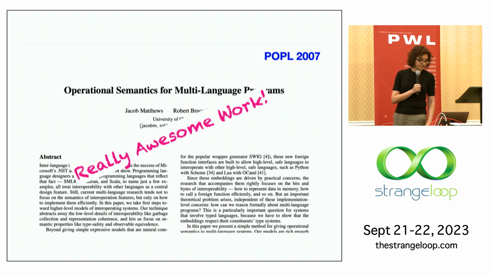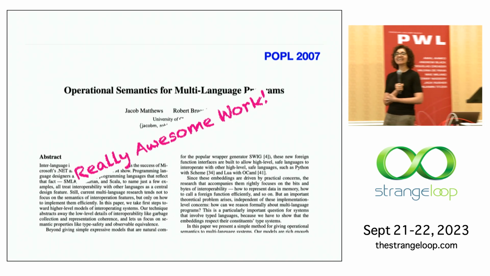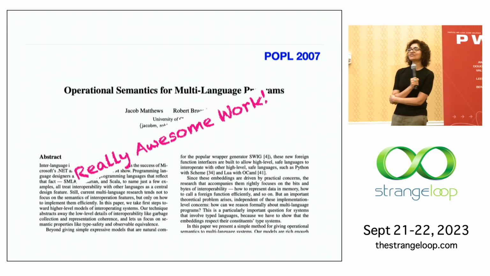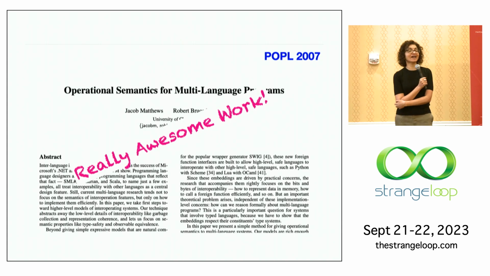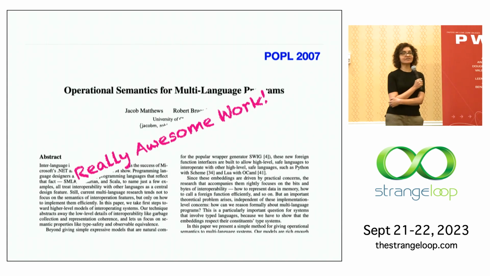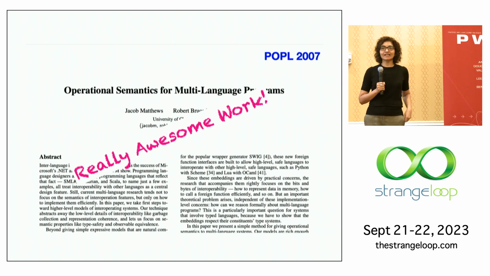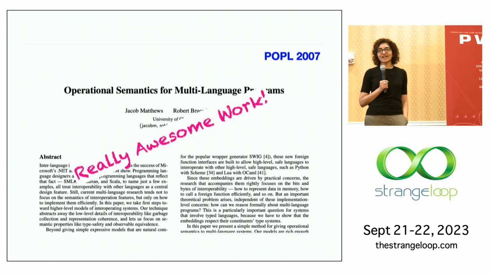Let me wrap up by saying just a few words on why I think this paper was really amazing. So when this first came out, I'm going to tell you my story. In 2007, I was a postdoc. I had just finished my PhD, and when this paper came out, I remember thinking, this is so simple. Why is this a big deal?